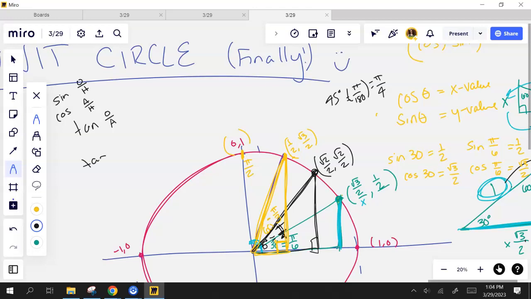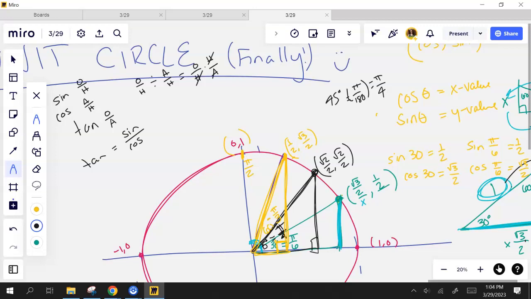If I told you that tangent is sine divided by cosine, would that make sense to you? If I did opposite over hypotenuse divided by adjacent over hypotenuse, multiply by the flip, look what I'm left with.